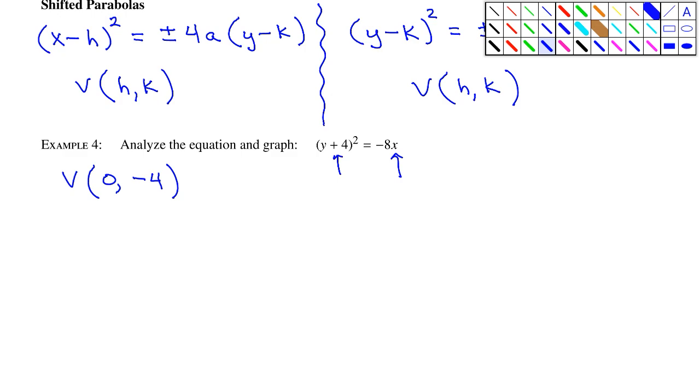We see that it is in the form of y² is equal to −4ax. So since it's a negative, that means it's going to go to the left because the y was squared. But it's been shifted.